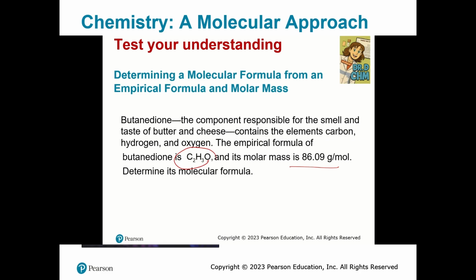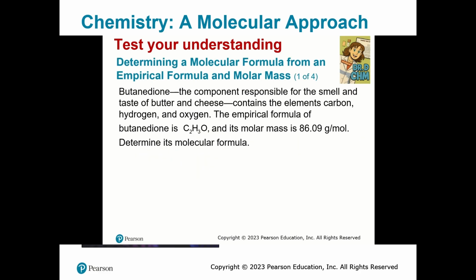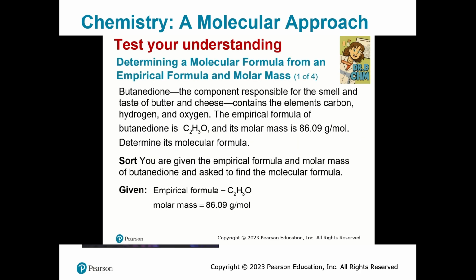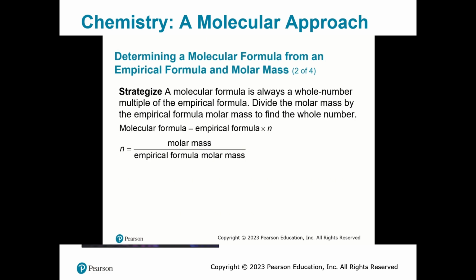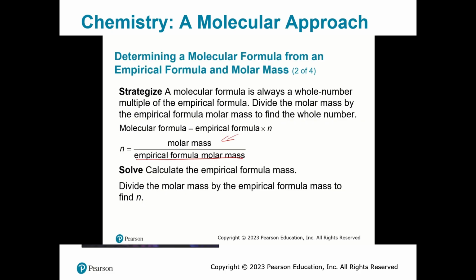What do you need to do? First, I need to find the molar mass of my empirical formula, right? Because I already have the molar mass of my molecular formula. So I'm going to find that. I just need to calculate the molar mass of the empirical formula.